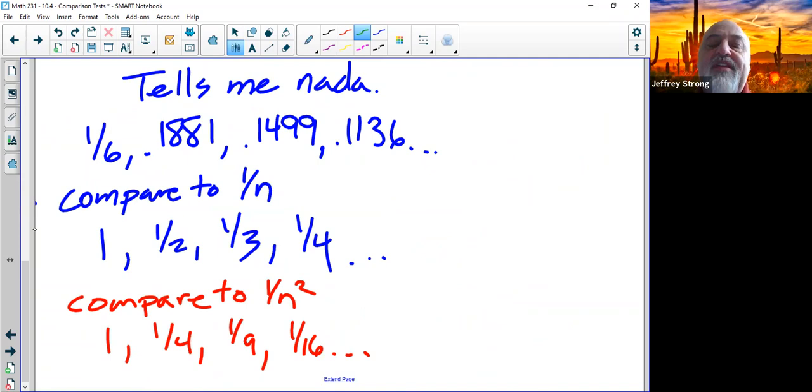We tried everything in this section. We tried limit comparison. We tried comparing it to a converging series. We tried comparing it to a diverging series. So it might be that if we picked another series, we might be able to come up with the answer.